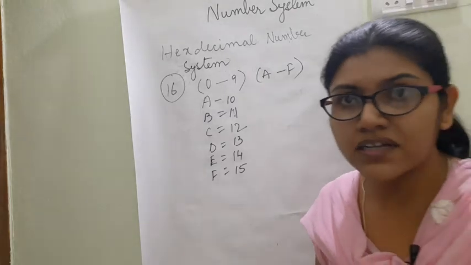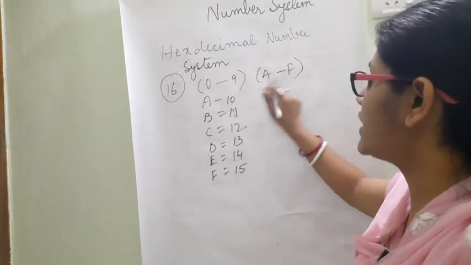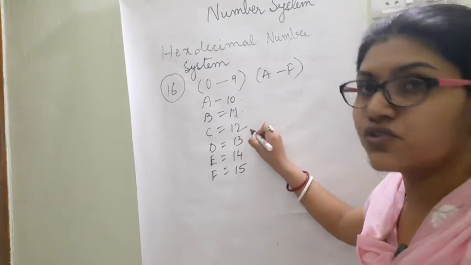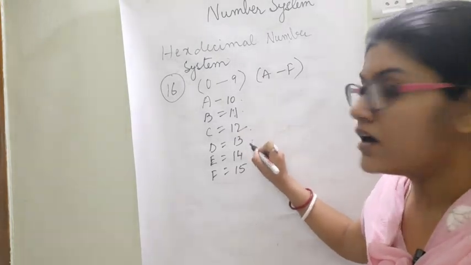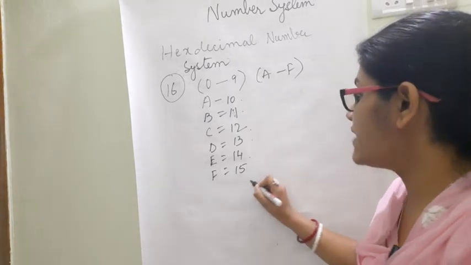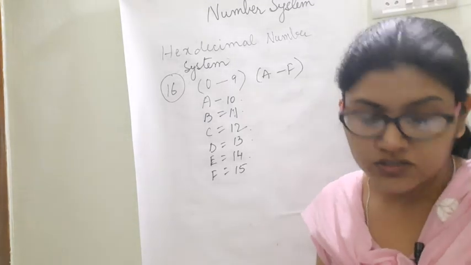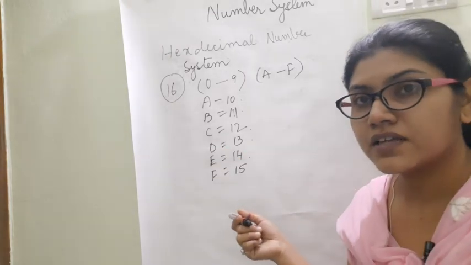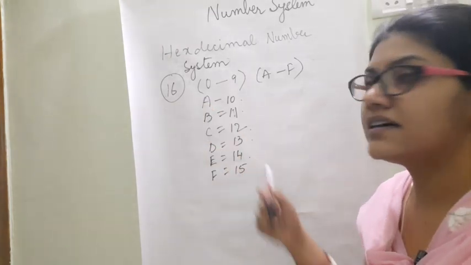All 16 symbols are there, 0 to 9 and A to F. So the values are like this. Clear?